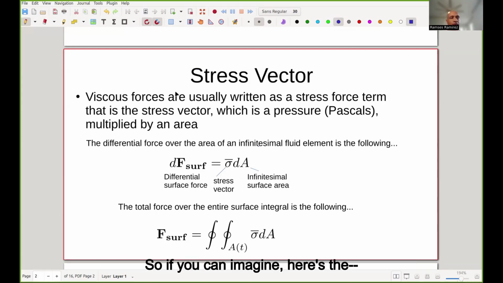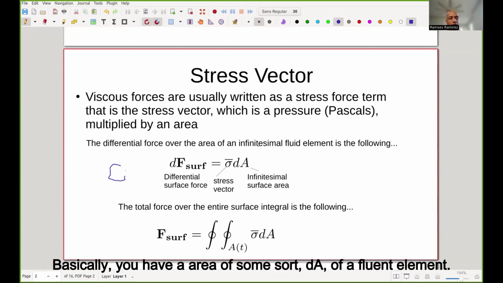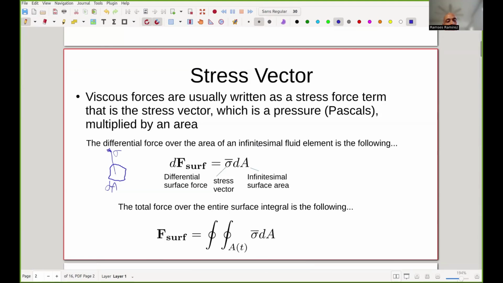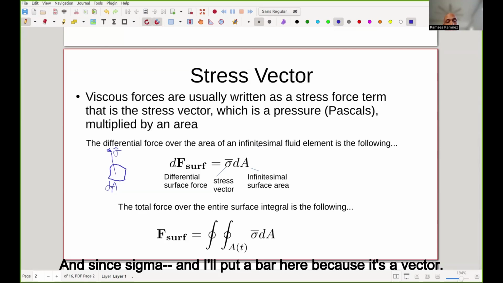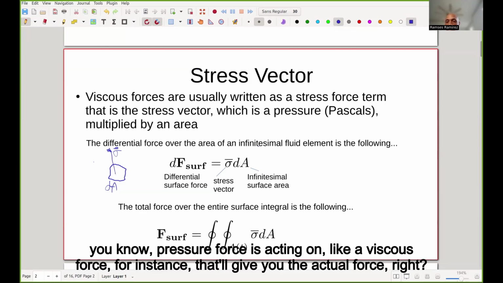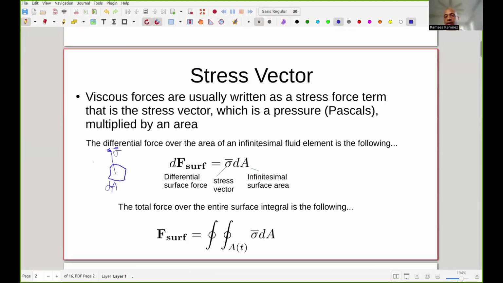Imagine you have an area dA of a fluid element, and on top of that you have some stress vector, sigma, with a bar because it's a vector. That stress vector is a pressure times the infinitesimal area it's acting on, like a viscous force, for instance. That'll give you the actual force, because force is pressure times area.